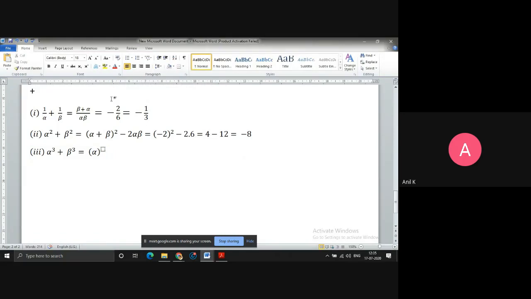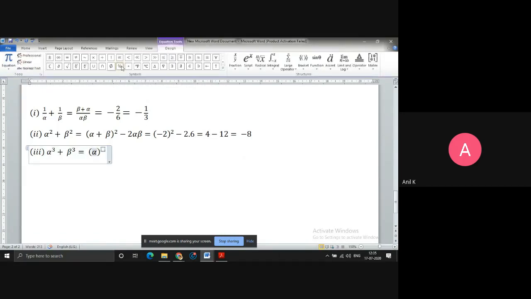Alpha plus beta whole cube. This formula is going to be minus 3 alpha beta into alpha plus beta.